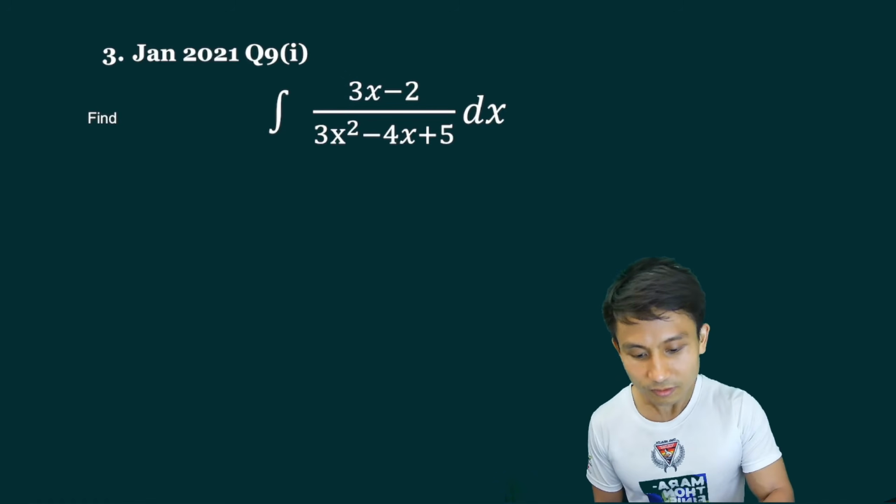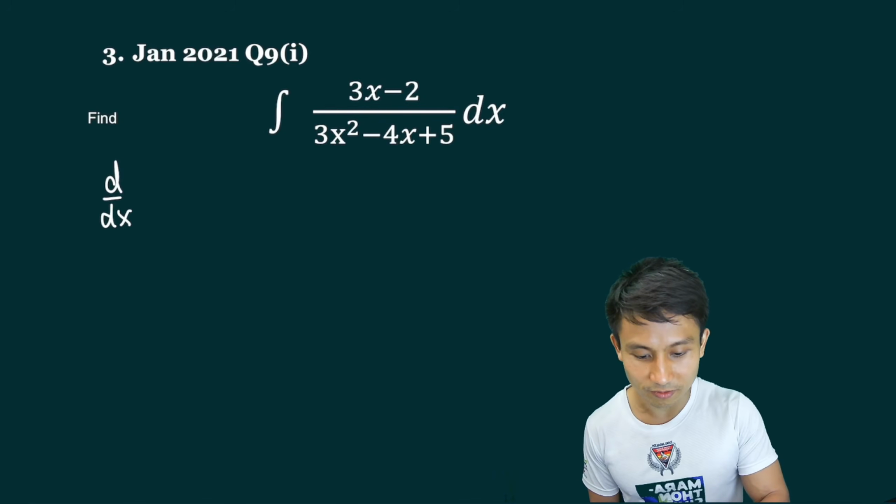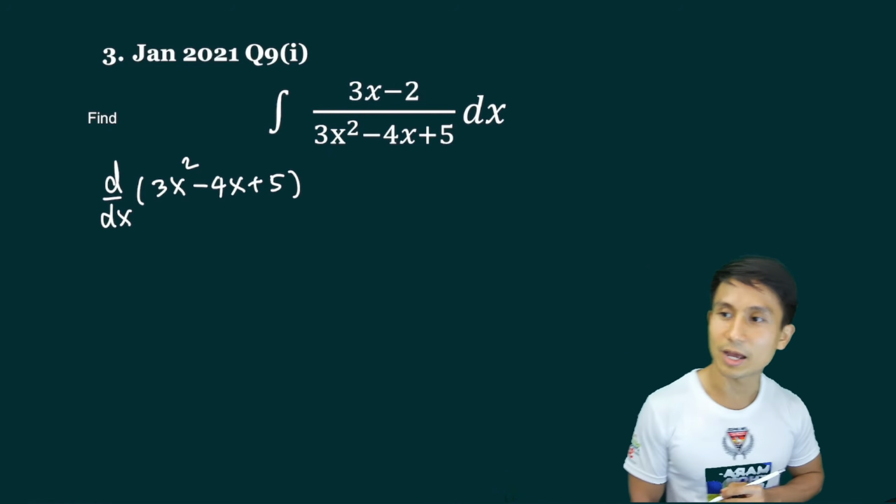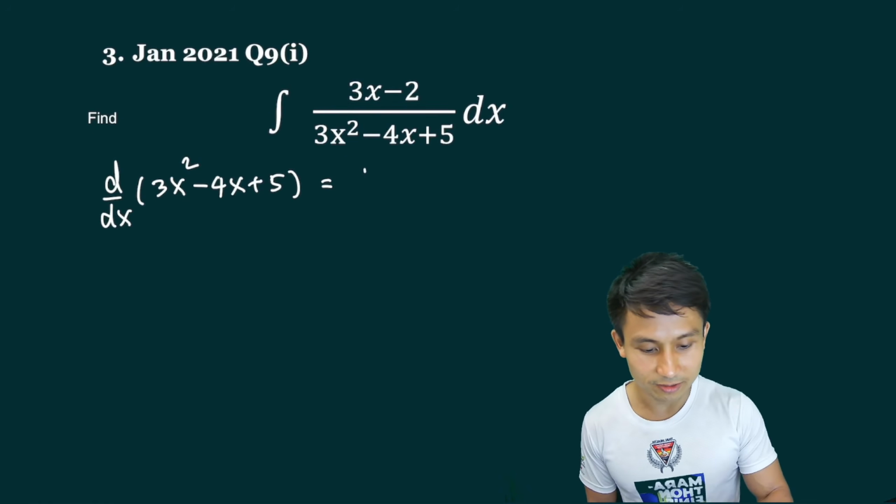Okay. So we try differentiate the bottom, right? The whole thing, don't forget. Yeah. Now I differentiate, so I get 6x minus 4.